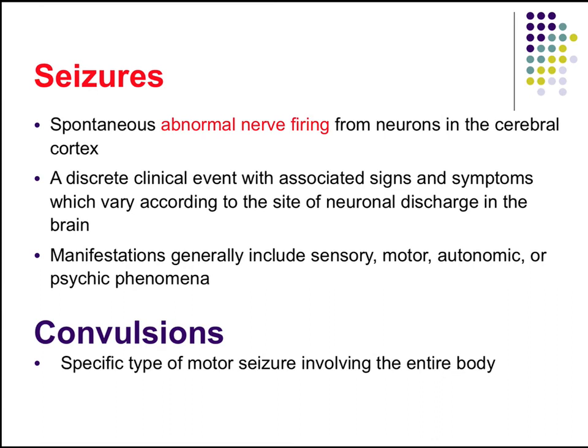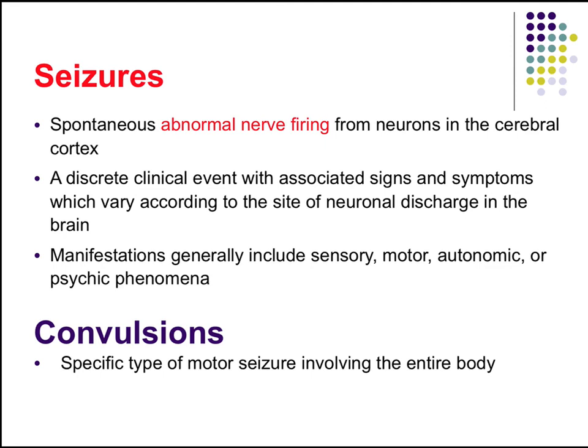Now we're going to move on to seizures. So seizures are abnormal nerve firings from neurons in the cerebral cortex. And basically these nerves are firing uncontrollably, without control. So these are discrete clinical events. They're associated with signs and symptoms, which will vary depending, again, on which area of the brain is seizing, so which neurons are seizing.